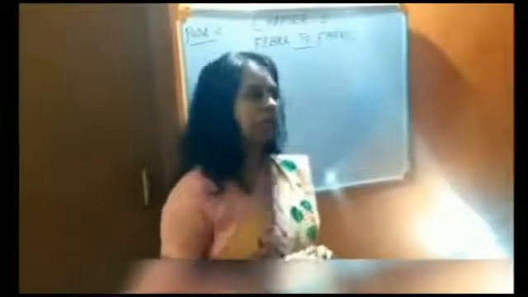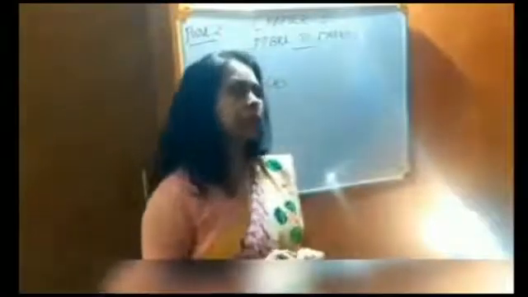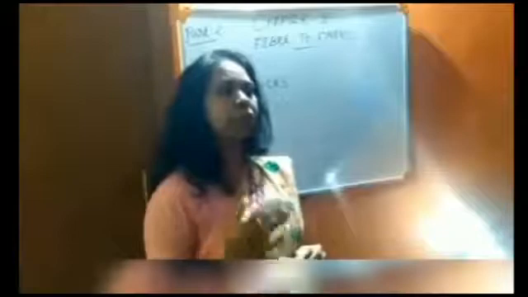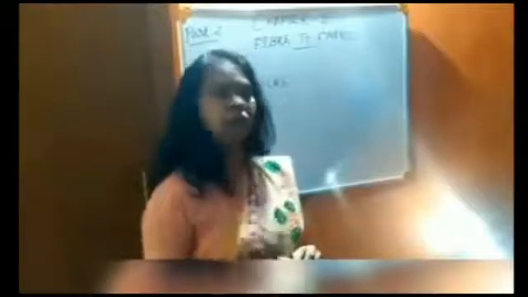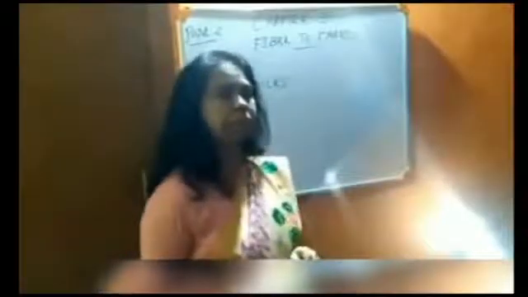What are wicks? W-I-C-K-S, wicks. You are very familiar with them, because at home during the evening time, for lighting the oil lamps, we use these wicks. I can show you.